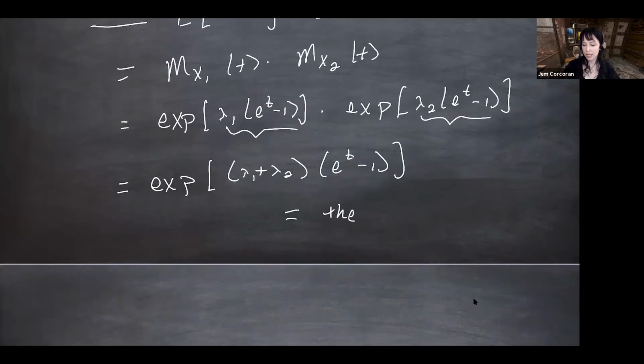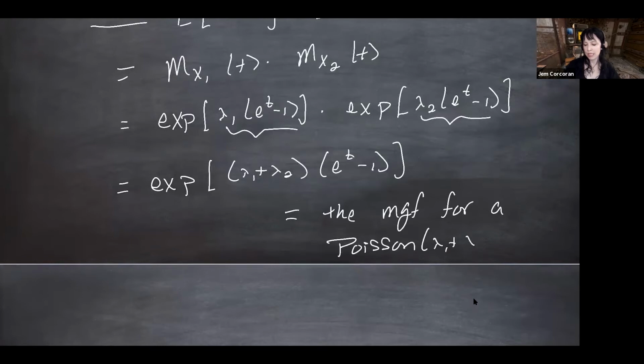So the MGF for a Poisson lambda 1 plus lambda 2 random variable. I did take it out of the process thing because our rates actually involved a t, and I usually, not that we have to do it, have a t in my moment generating function.